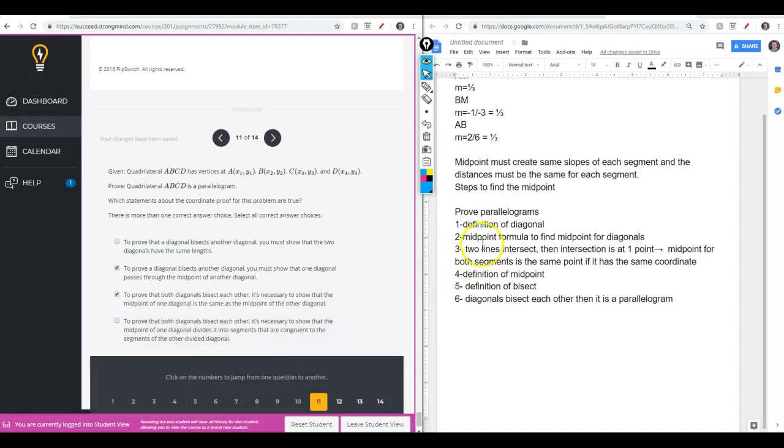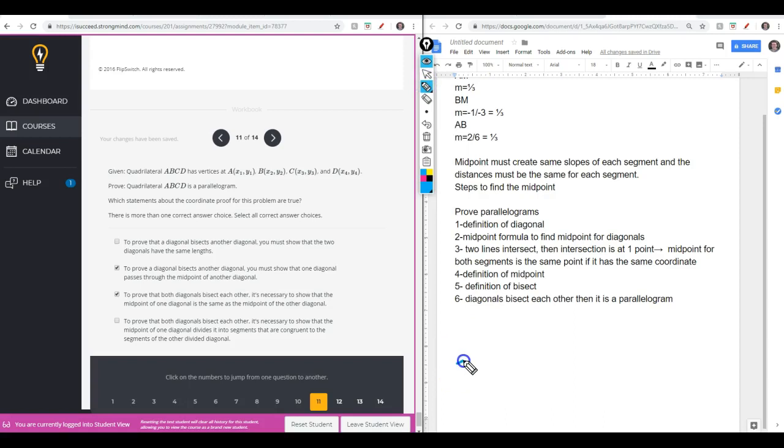I'm saying no, because this did not talk about showing that the midpoint of one diagonal divides it into segments that are congruent to the segments of the other divided diagonal. It's not talking about congruent segments to the other diagonal. It's talking about the segments on each diagonal.